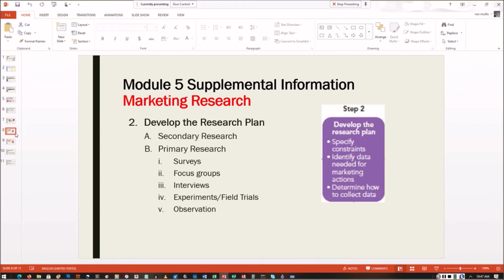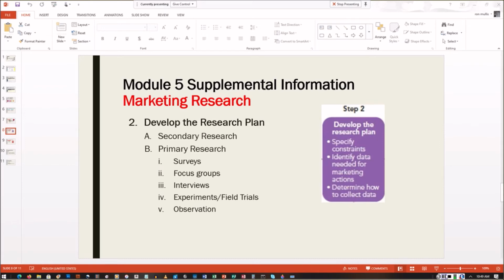It's important for us to determine what complications there may be that could limit any type of achievement of the objective. Next, we must decide what data we want to collect for our research project. When we know what data we need, we can then decide how to collect that data. All right, so there are a variety of different methods that we can use when collecting the data.